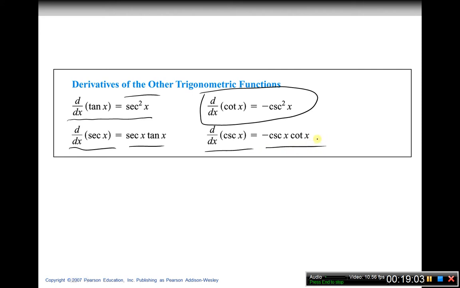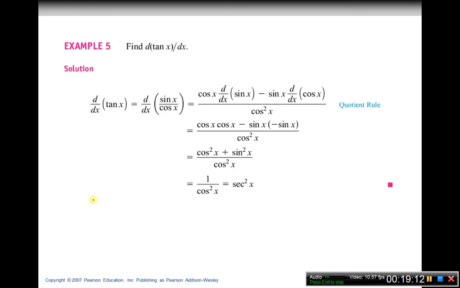And on the next page we're going to prove, using the quotient rule, the derivative of the tangent function. Using an identity from pre-cal, the tangent is sine of x over cosine of x, which is a nice quotient. Now we'll use the quotient rule to take the derivative.